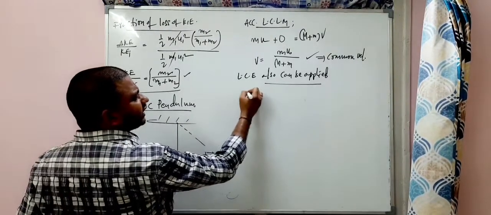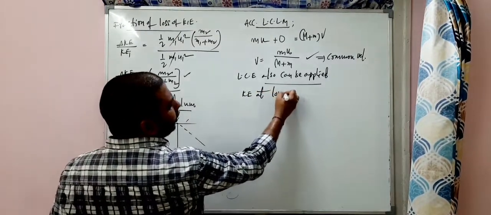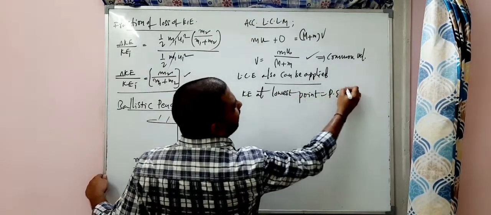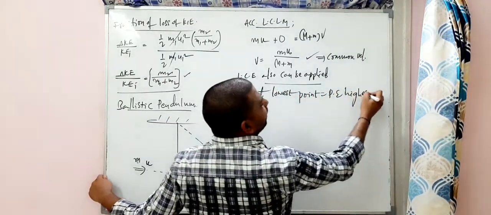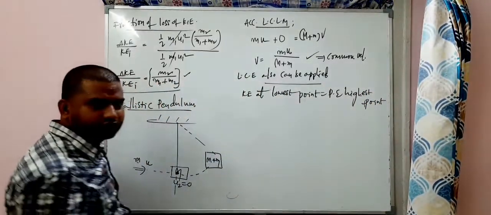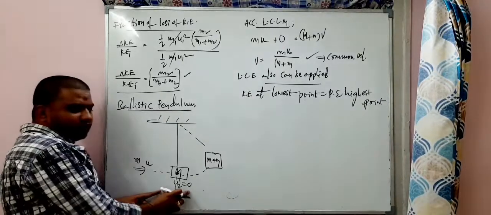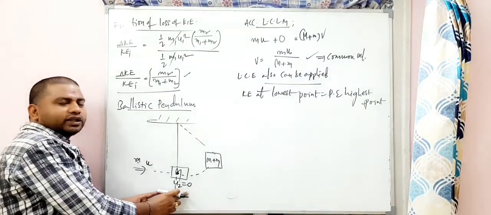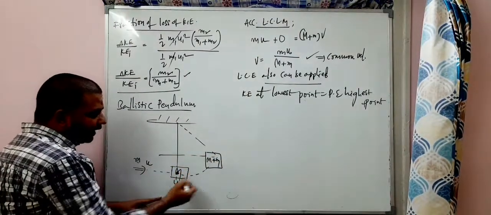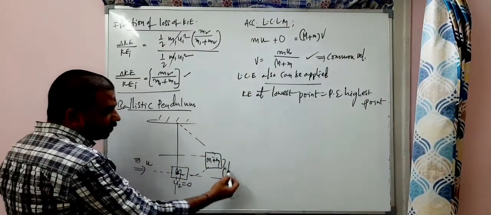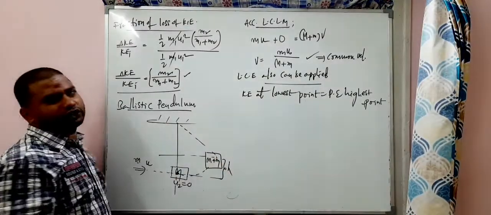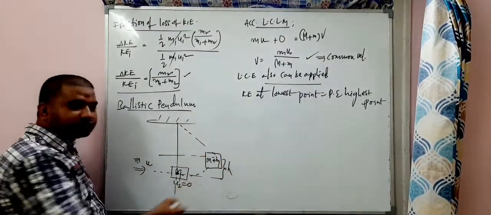So kinetic energy at the lowest point is equal to potential energy at the highest point, by using the law of conservation of energy. There is no potential energy at the lowest point. When it reaches the height h from the reference point, the body will possess only potential energy. After reaching here, it comes back.